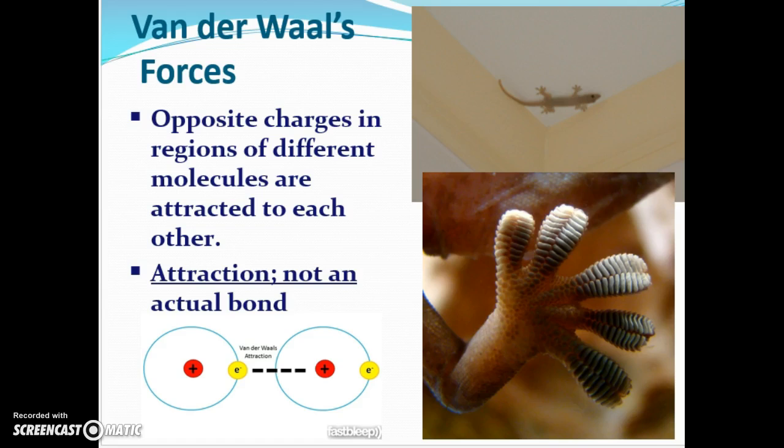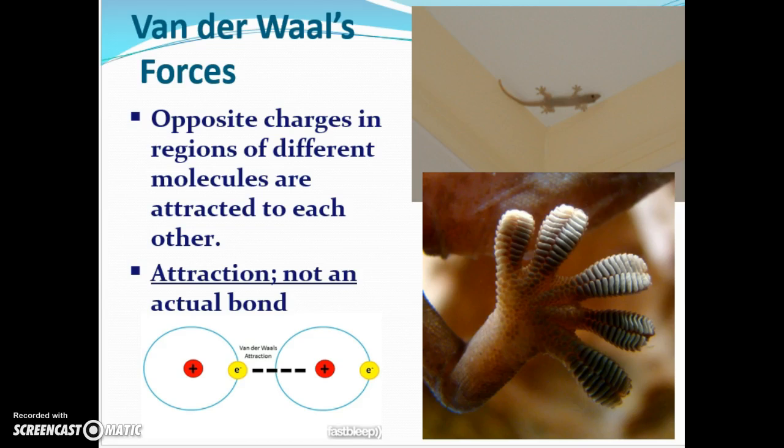And the way that it does that, if you'll look at this picture here, it has these little ridges on its feet, which really, if you were even going more microscopic, you would see there are just hundreds, if not thousands, of these little ridges that are on the foot of a gecko.